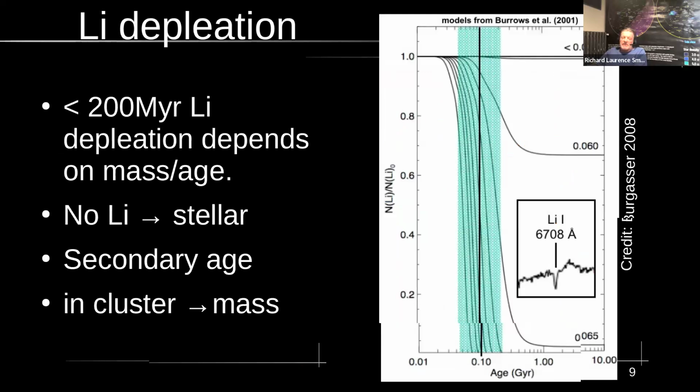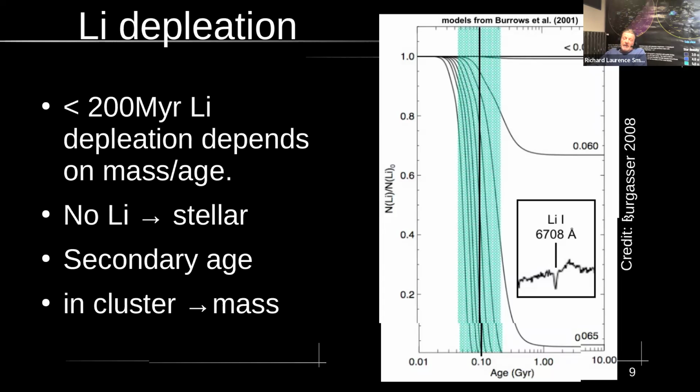That was the definition. That was how they recognized brown dwarfs. It's a secondary age indication. So if we look at clusters and we look for lithium, then the age should be the age of the cluster. The depletion should be consistent with the age of the cluster.